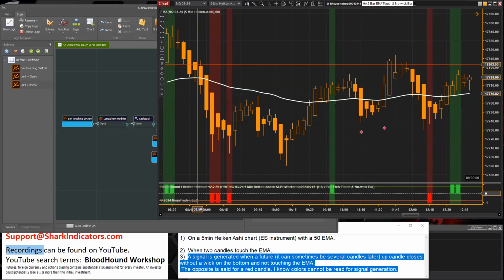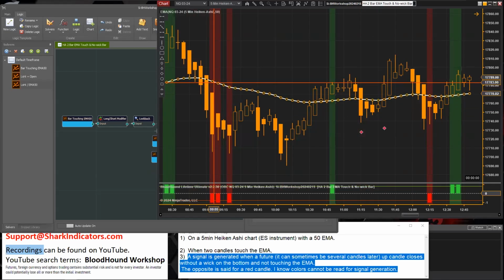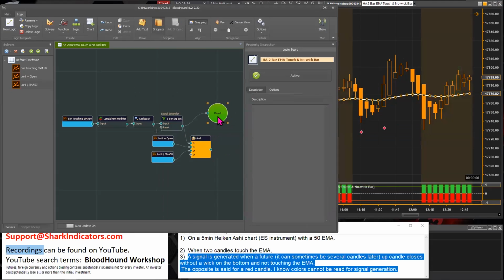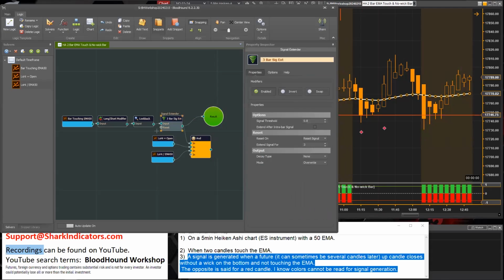There we go. All right, so now the signals are only on bars that are not touching that EMA. Right? And of course, sometimes we're getting signals way afterwards. So let's check our signal extender here.